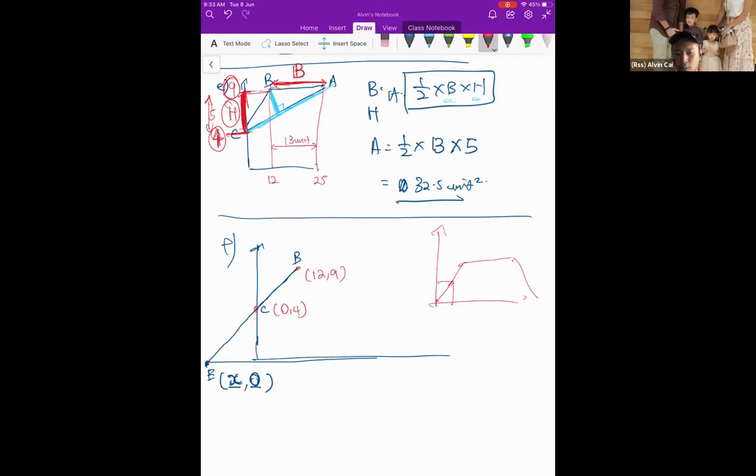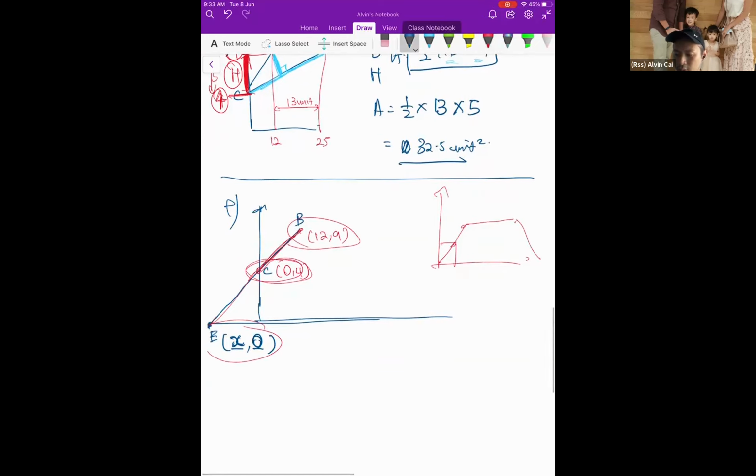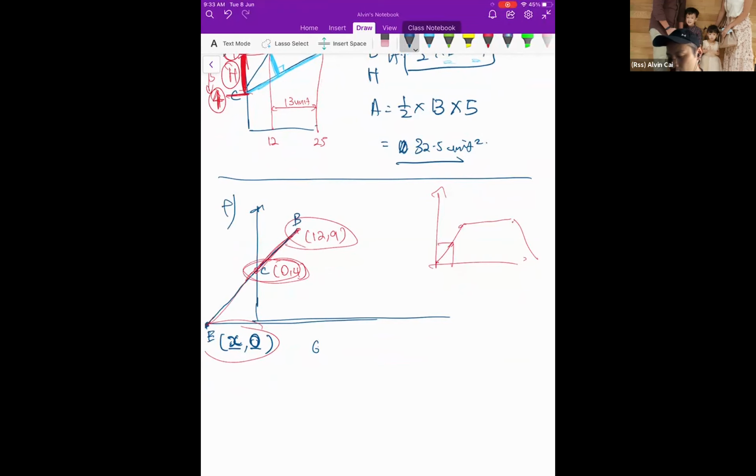Therefore, for this question, all we need to do is find the gradient of this line first, and after that it equals the gradient of this C and E, and we can solve it. So in short, the gradient of BC must be equal to the gradient of EC. So BC equals EC. The gradients are the same.